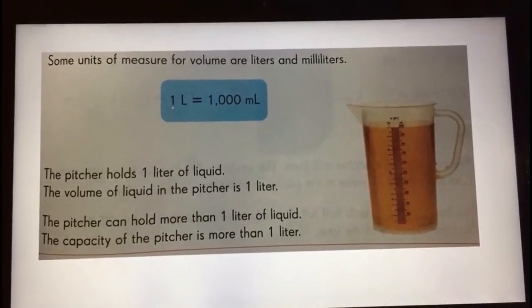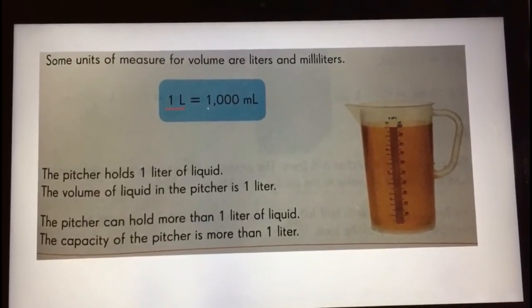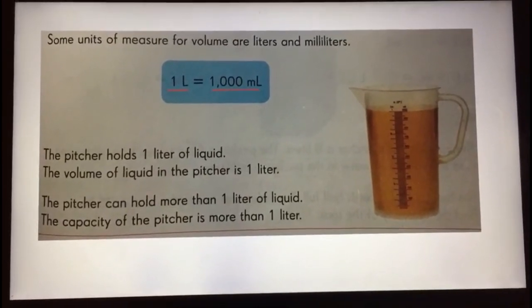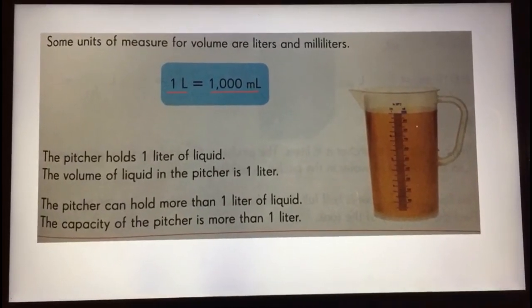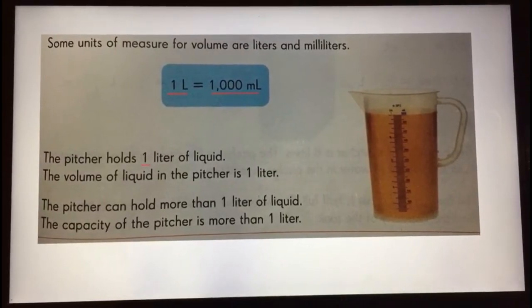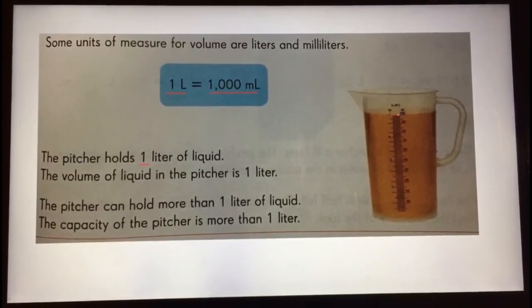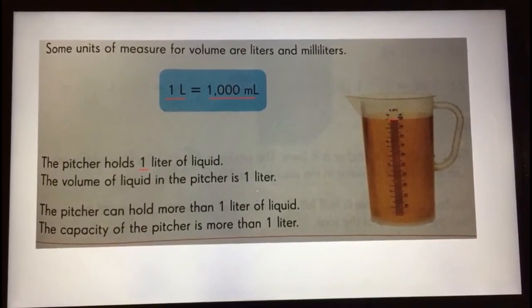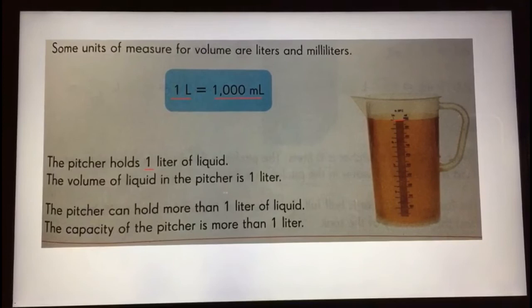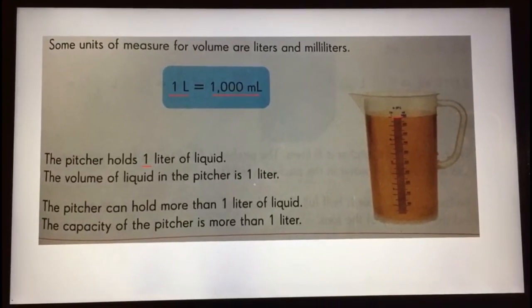We call 1 liter 1,000 milliliters. And in this picture, the pitcher holds 1 liter of liquid. So the liquid is up here, 1 liter. And we can say that the volume of the liquid in the pitcher is 1 liter.